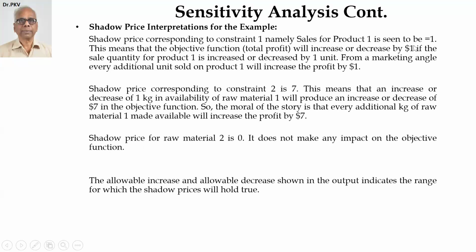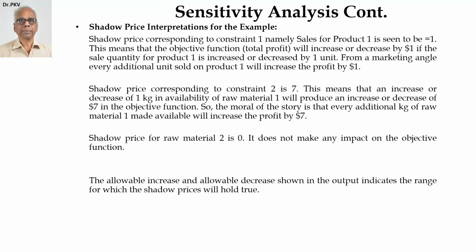The sales constraint is fully satisfied, and the shadow price says $1, because the profit is measured in dollars. So the total profit will increase or decrease by $1 if the sales quantity for product 1 is increased or decreased by 1 unit.